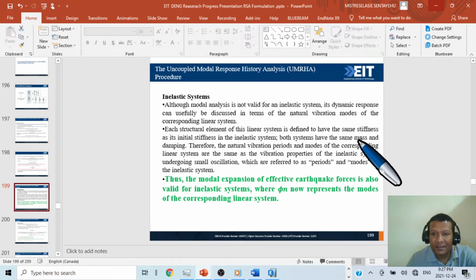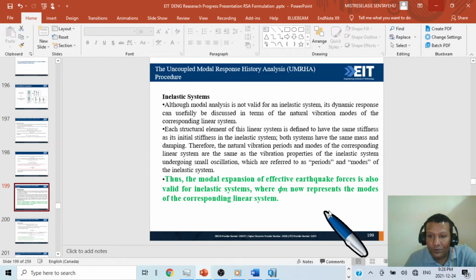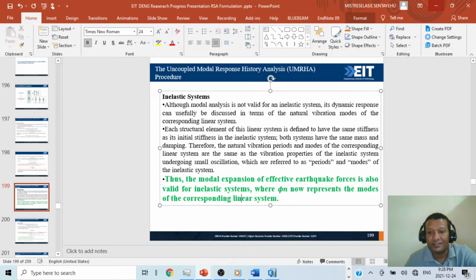Both systems have the same mass and damping. Therefore, the natural vibration periods and modes of the corresponding linear system are the same as the vibration properties of the inelastic system undergoing small oscillation, which are referred to as the periods and modes of the inelastic system. Thus the modal expansion of effective earthquake force is also valid for the inelastic system, where phi n now represents the modes of the corresponding linear system.